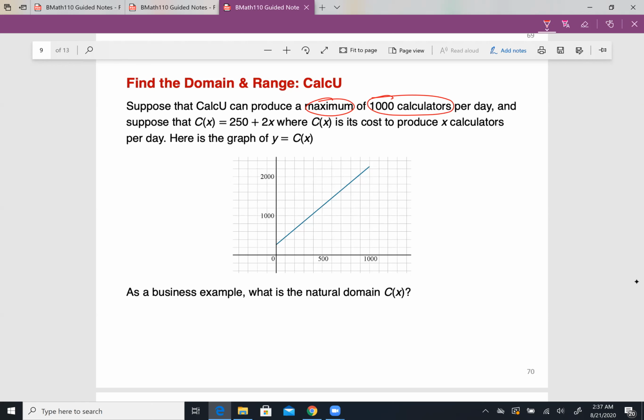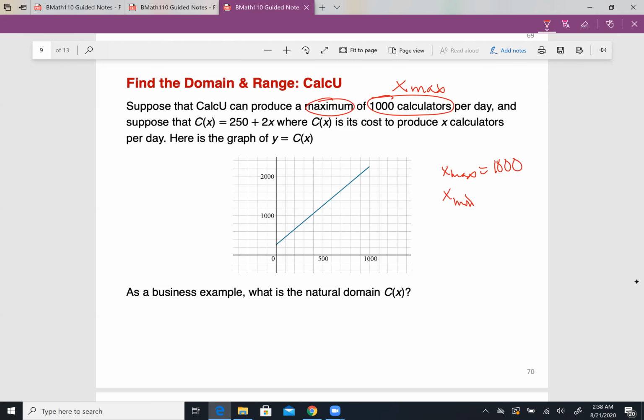From the given, here is x max, because it's a maximum of 1,000 calculators. So x max equals 1,000. What about x min?